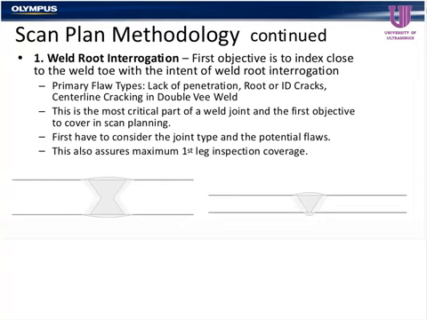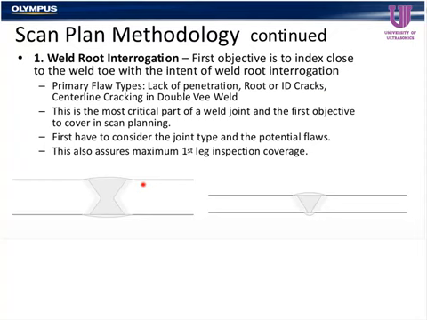If we look at our list here in the middle, we've got lack of penetration that we can find. If we're looking adjacent to the root, we can have cracking next to there. In our example of the double V weld, centerline cracking can be a problem. So we have variability in not just flaw type, but flaw shape.